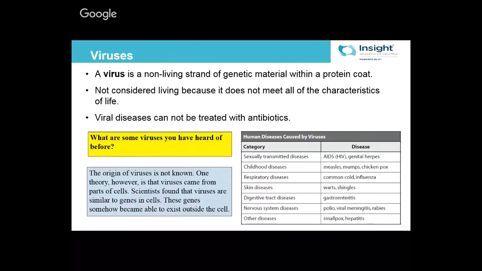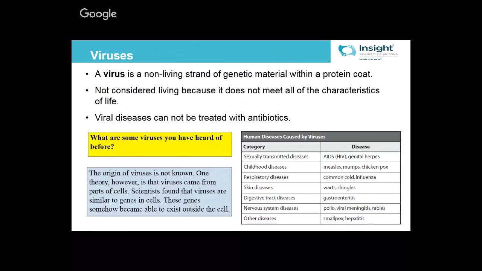Characteristics of life consist of metabolism, ability to respond to its environment, homeostasis, having a cell or cells, and reproduction. In this case, a virus doesn't have a cell.